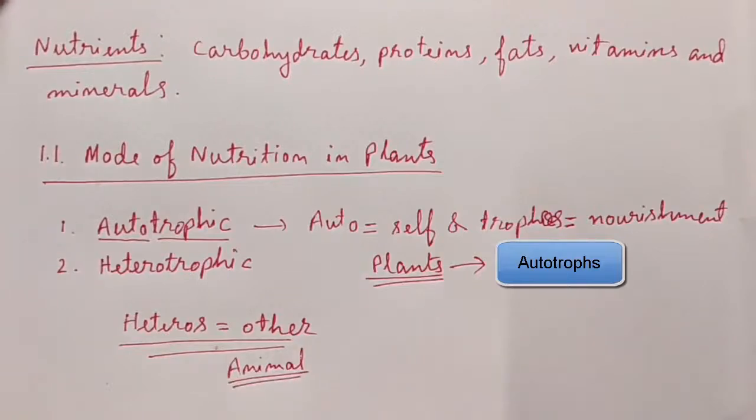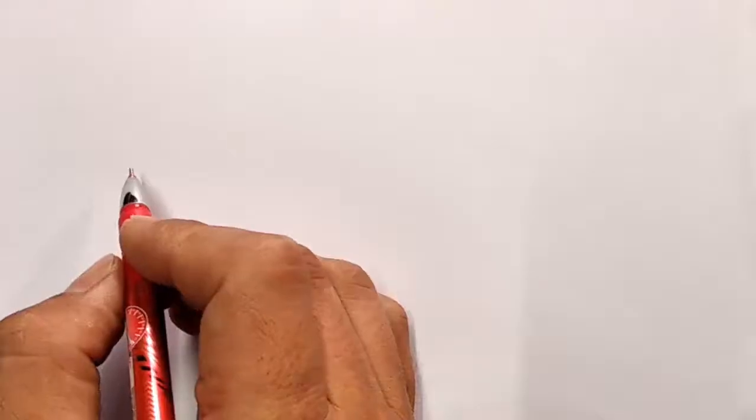We know that we, human beings, and animals cannot produce our own food, so we directly or indirectly depend on plants. Hence, animals or human beings are under the heterotrophic mode of nutrition.